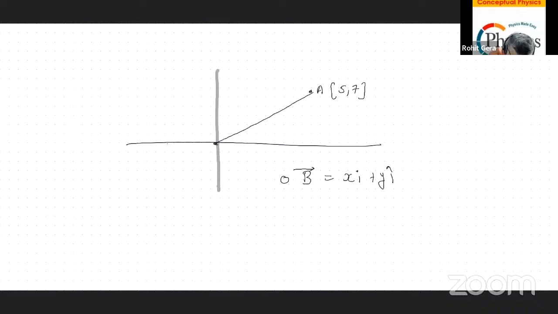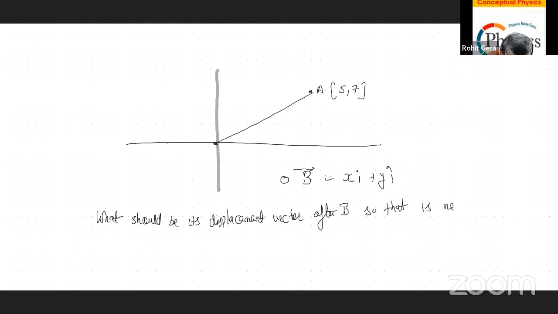what should be its displacement after B so that its net displacement becomes 0?